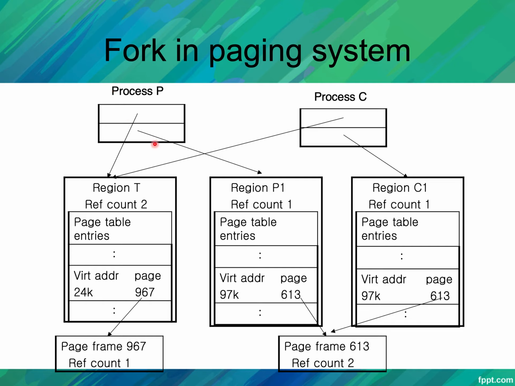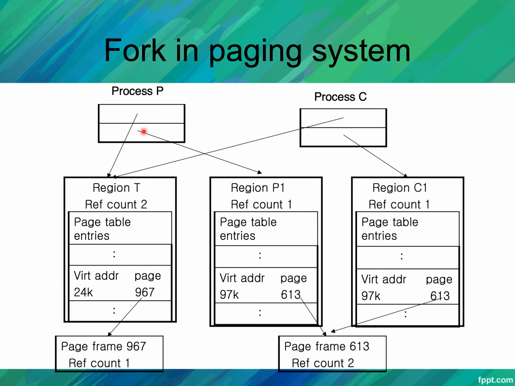So this is a visualization of the execution of a parent and child process. Initially this is the parent process. Process P is the parent, and process P has regions: the text region and a private region P1. It has two regions.